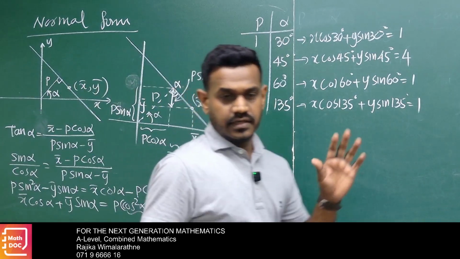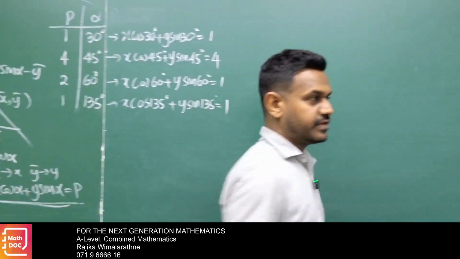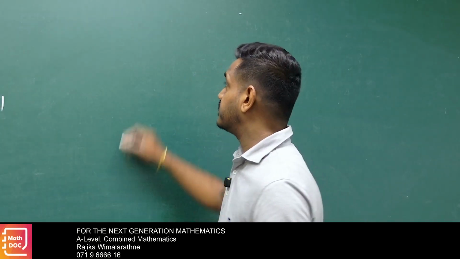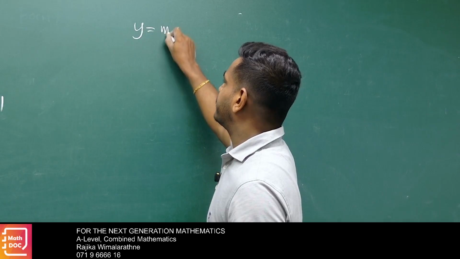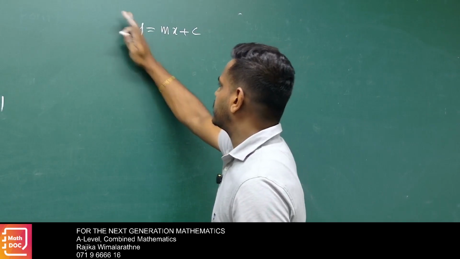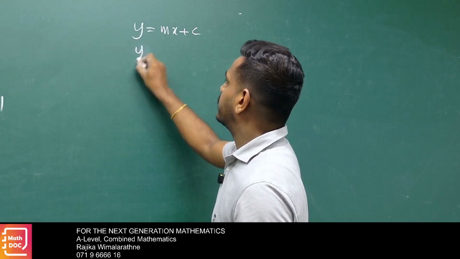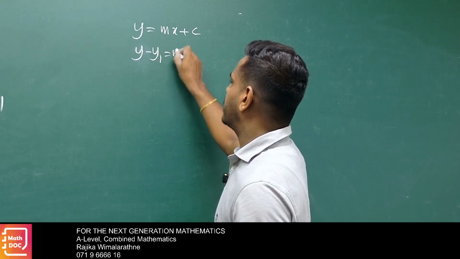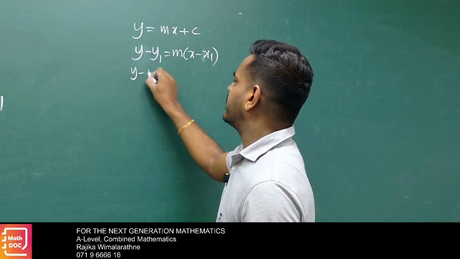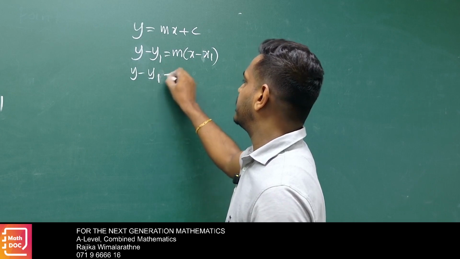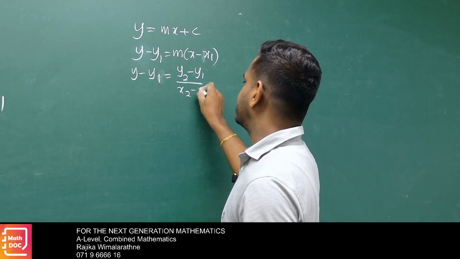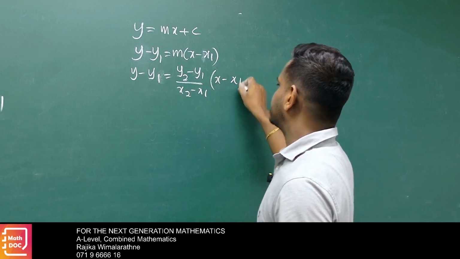Okay. Now let's see the final versions. We have done everything now. y equals mx plus c. y minus y1 equals m times x minus x1. Then y minus y1 equals y2 minus y1 over x2 minus x1, times x minus x1.